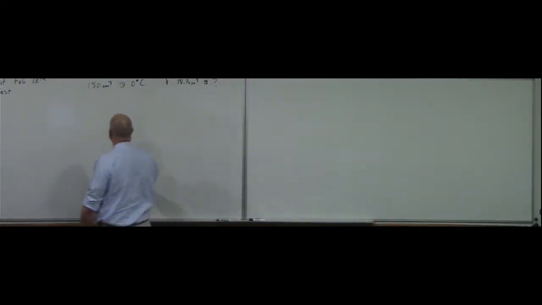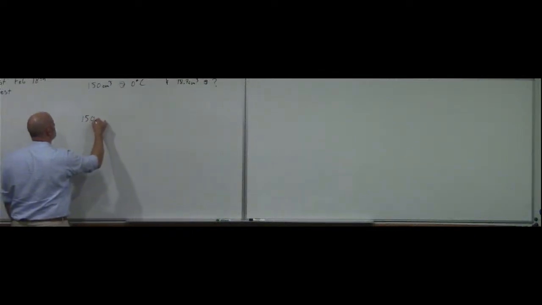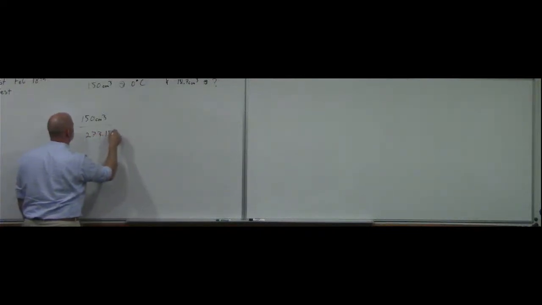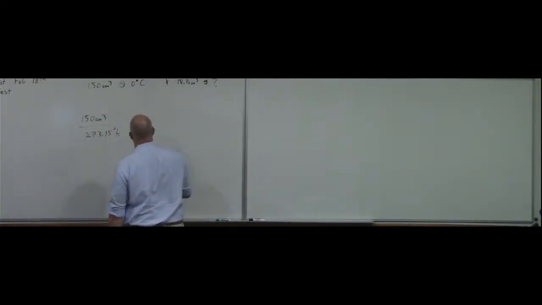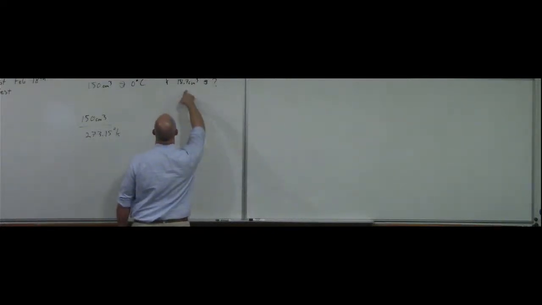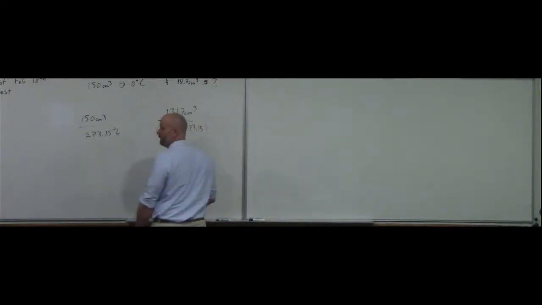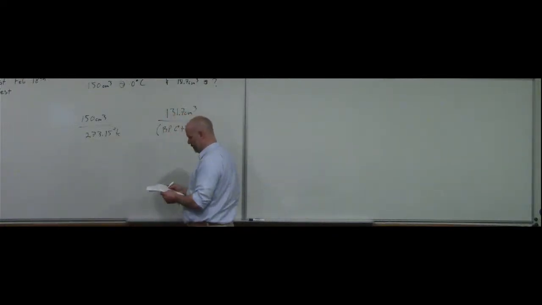Essentially a problem. So, okay, we're going to go 150 centimeters cubed over 273.15 degrees Kelvin, because 0 plus that is that. Now, I want to know this, right? And so this is boiling point in centigrade plus 273.15, right? Because ultimately it's going to want me to put this back into centigrade. Okay.